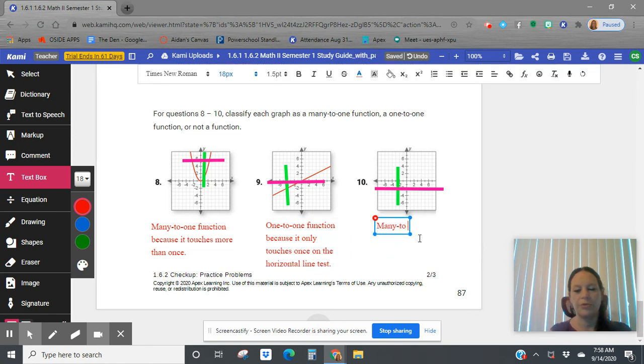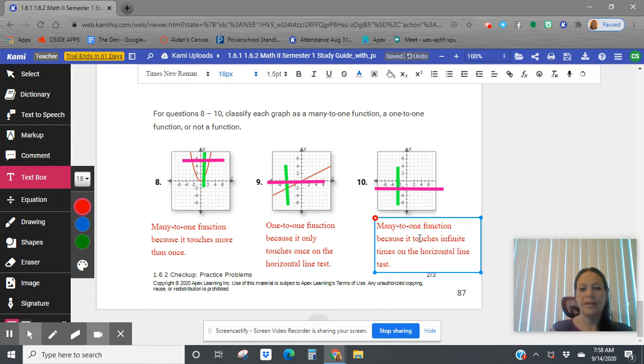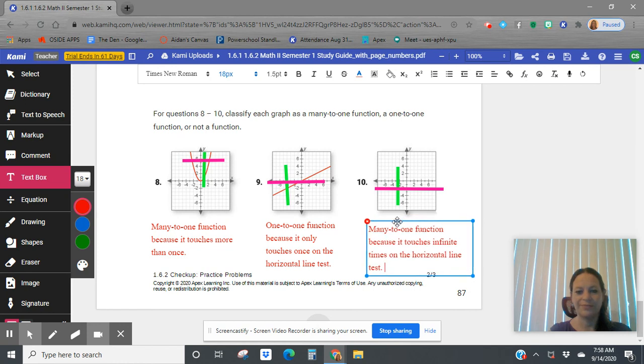And many-to-one, it touches infinite times on the horizontal line test because it is a horizontal line. And that's it.